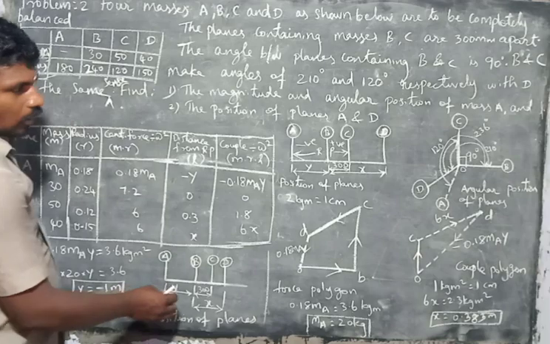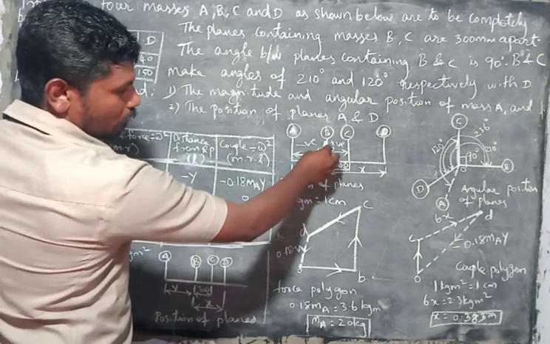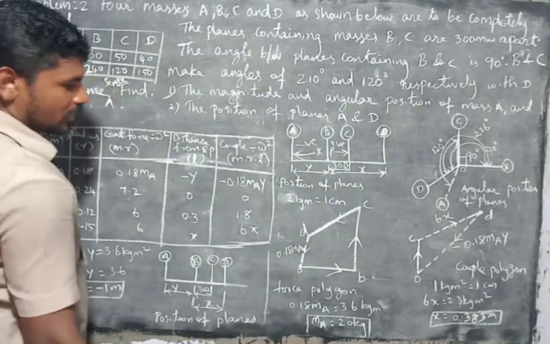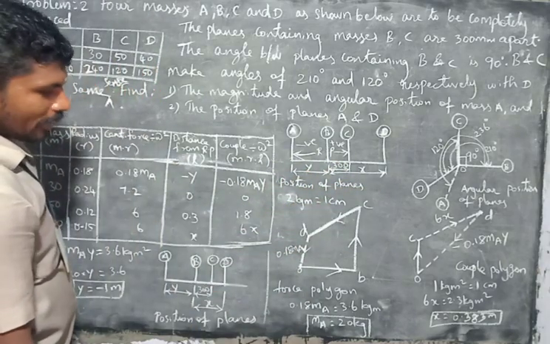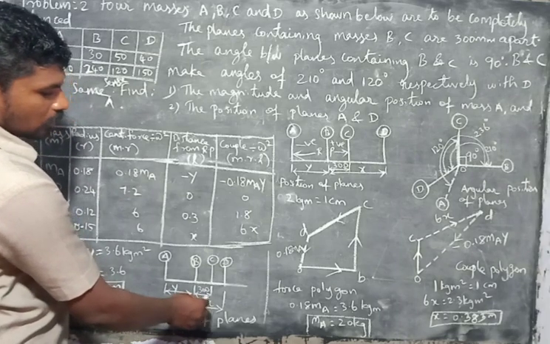Here we mentioned y as B to A and x as B to D. The x value is 0.383 meter, that is 383 mm. Same concept.